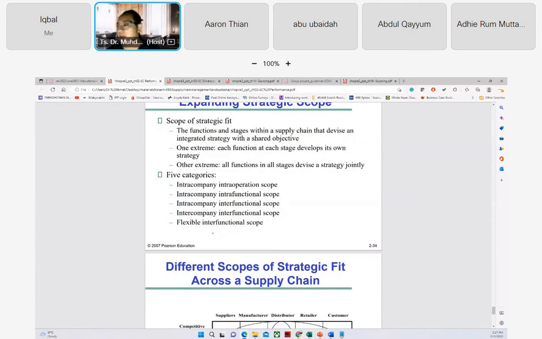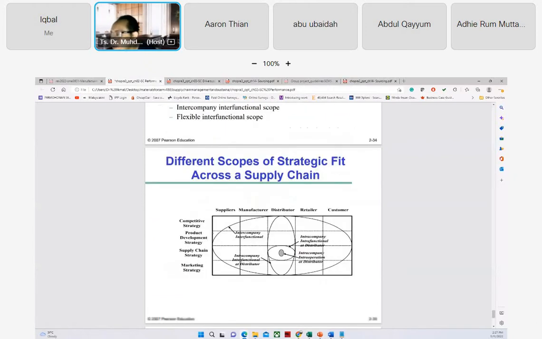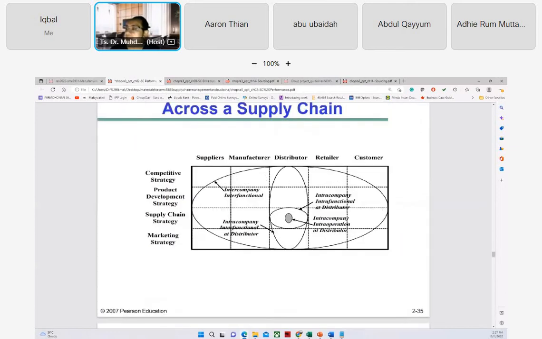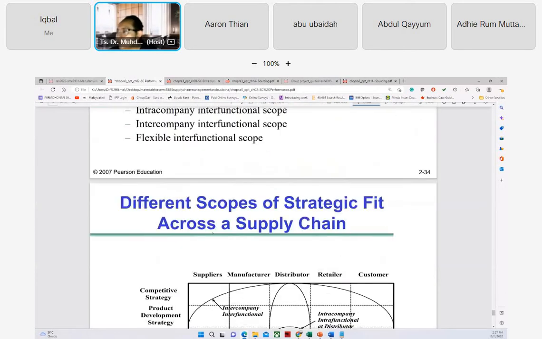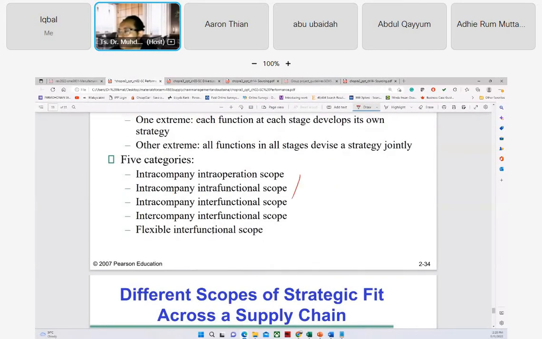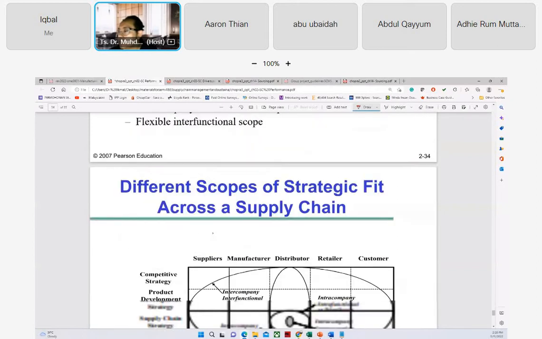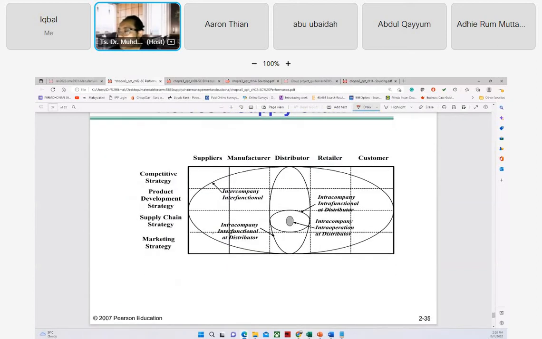For example, intra-company, intra-functional scope. All right, so intercompany, interfunctional. This is the scope. This is the biggest scope that you have.